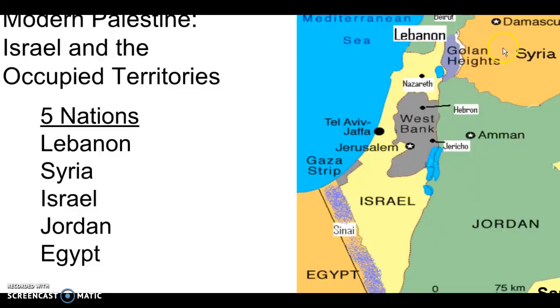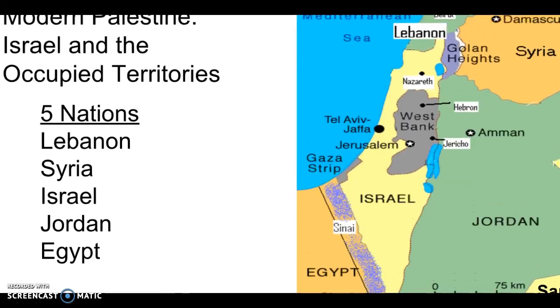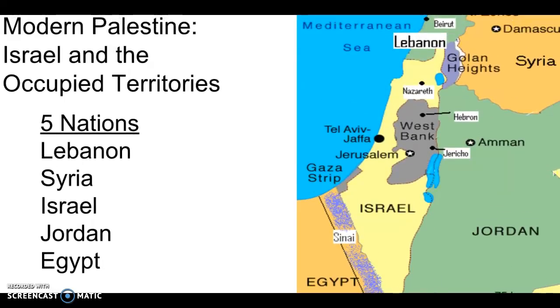And if you go further down on your map, you actually have a little chunk of Saudi Arabia down in the lower right-hand corner of your map. That will not be on the map. But just to let you know that these places that we hear about are very, very close to each other.